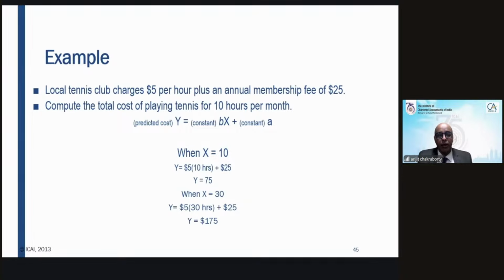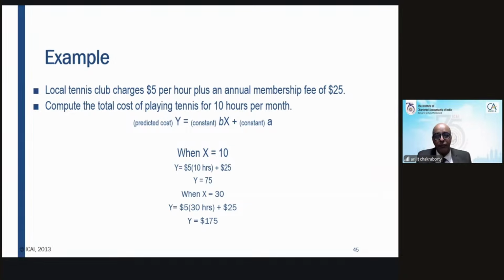So when we have to find out the total cost of playing tennis for 10 hours per month, that means when x is 10, what is the value of y? Y equal to a plus bx. So b is 5, x is 10.